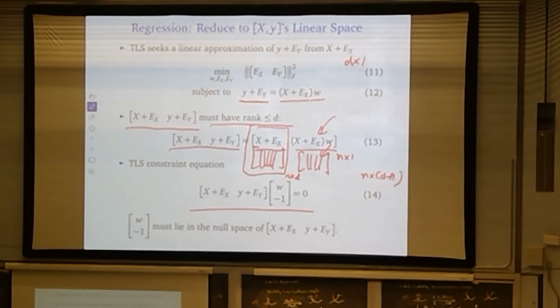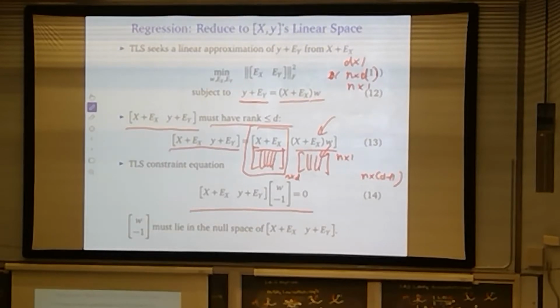Now we introduce the error, prediction error. It's just rewriting the equation. It doesn't change anything. I'm introducing EX, EY. Sorry, this is EX is n times D, EY is n times 1. I have more variables now. Instead of W, it's just D by 1.